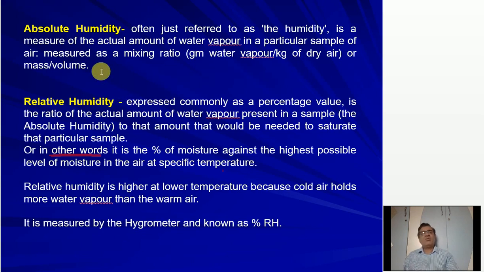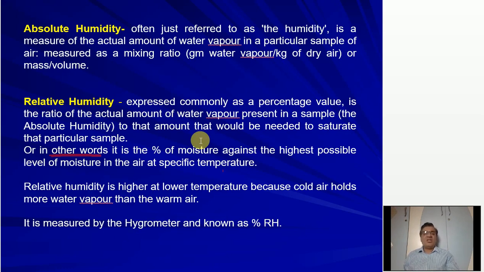But we don't use the term absolute humidity. We use the term relative humidity. Now, relative humidity is commonly expressed as a percentage value and is the ratio of the actual amount of water vapor present in a sample, that is the absolute humidity, to the amount that would be needed to saturate that particular sample.